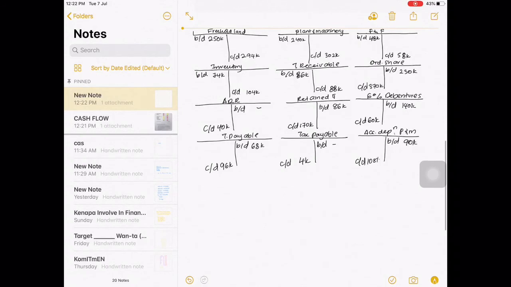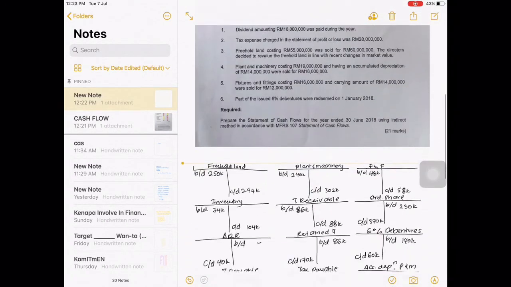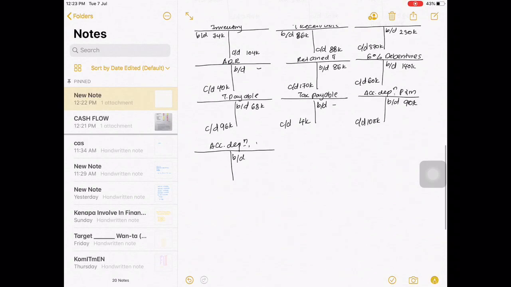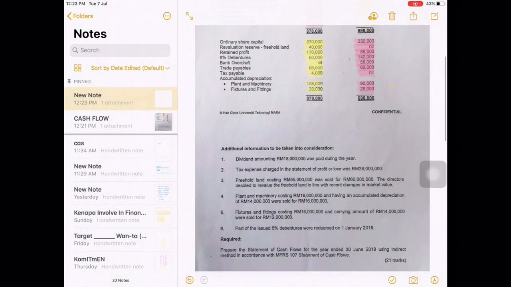We have another accumulated depreciation, for furniture and fitting. Brought down 26,000, closing down will be 30,000. Okay, so once we're done, we are going to go to the additional information.